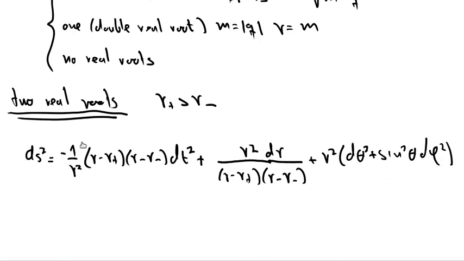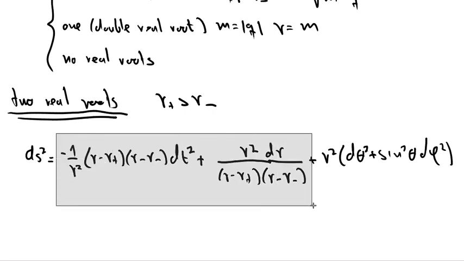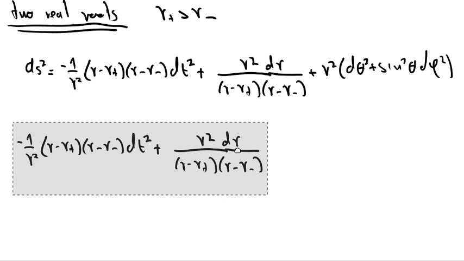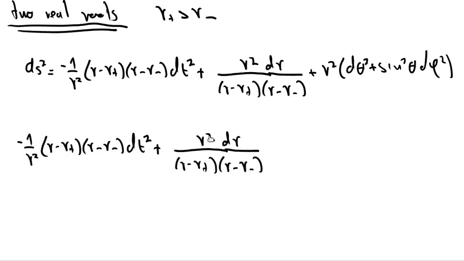We only have to take this Lorentzian part and do some transformations on it. I'm going to write the Lorentzian part separately, and we're going to transform this into something which is explicitly conformally flat. Here, it's easy to guess the transformation which we need to use.